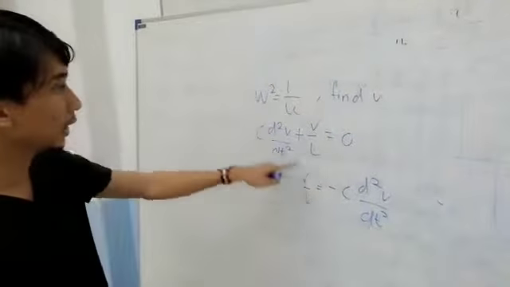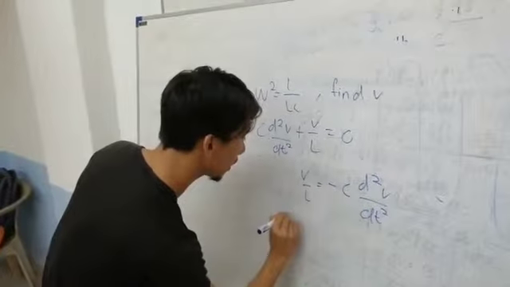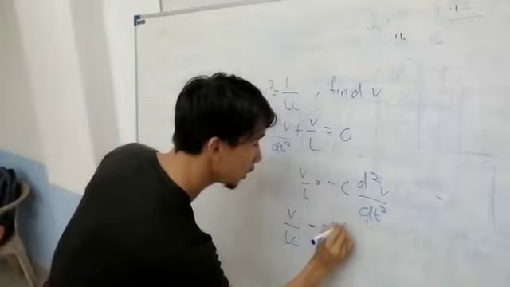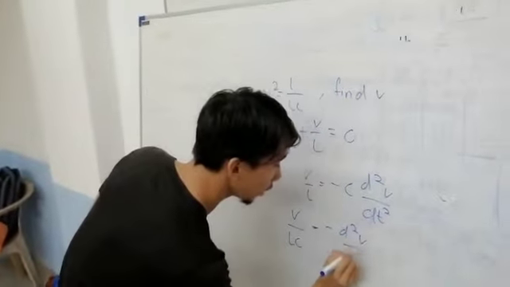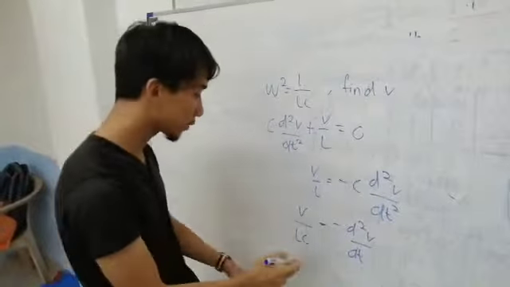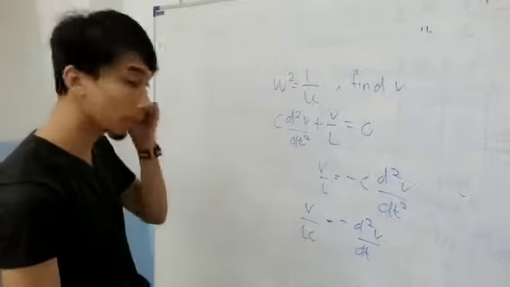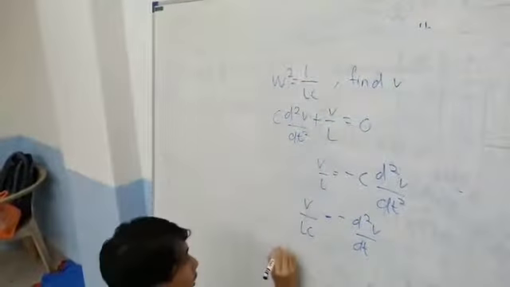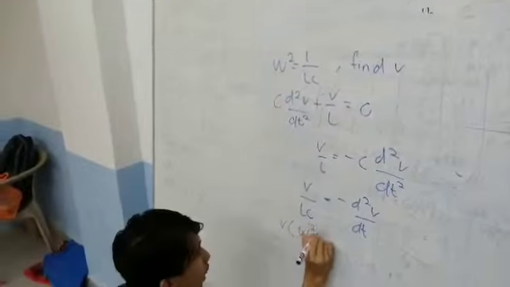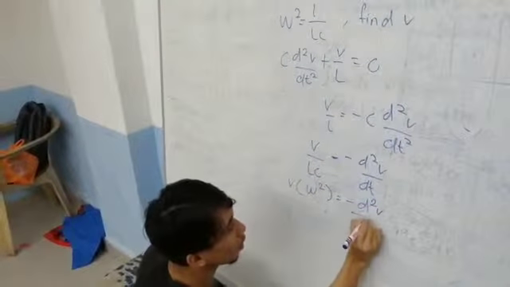To make it match, we bring C to the bottom of the V, so it becomes V over LC equals negative d squared V over dt squared. Then we can see 1 over LC is equal to omega squared, so we bring V outside, and 1 over LC becomes omega squared, equals negative d squared V over dt squared.